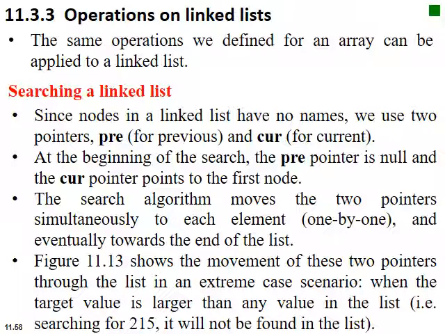We're going to have several case scenarios. In this particular one, the target value is larger than any value in the list. For example, we're going to search for the value 215 in the linked list, and it will not be found, which means we would have gone through the entire list and not found it. So let's look at the scenario.